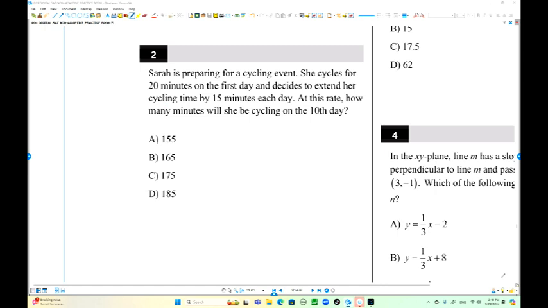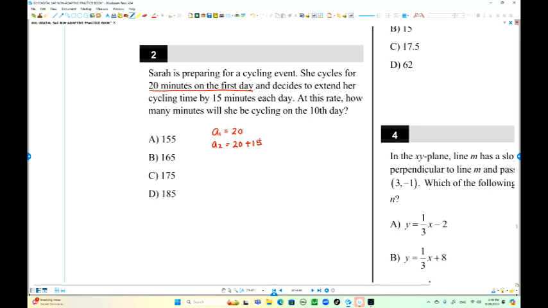So, storage, recycling event, 20 minutes on the first day. So you can write down about 20 minutes on the first day. Every day increased by 15 minutes. So 20 plus 15, something like that.